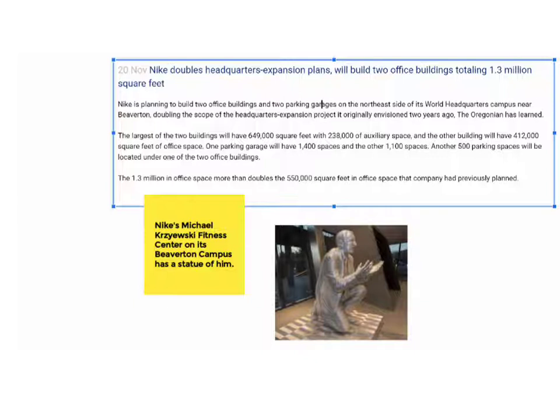New parking spaces too. If you've never been out to Nike, it's out in Beaverton. It's pretty easy to get to, and there's a trail all the way around the outside. Joggers like to use it, but it's a beautiful, beautiful campus. This is a statue of Coach K from Duke University. It stands outside the fitness center named after him.